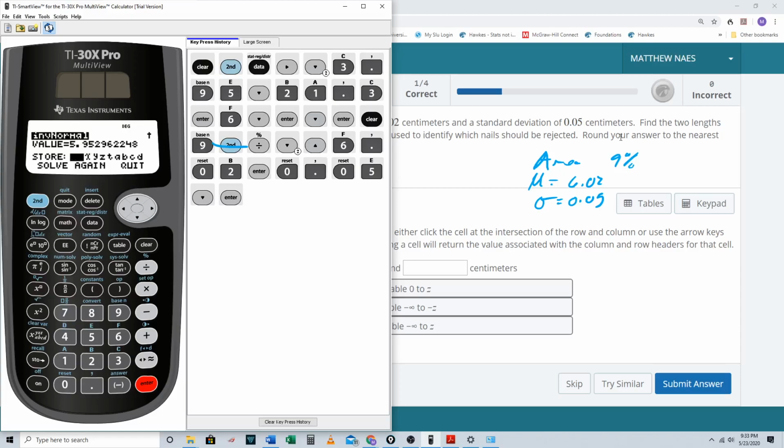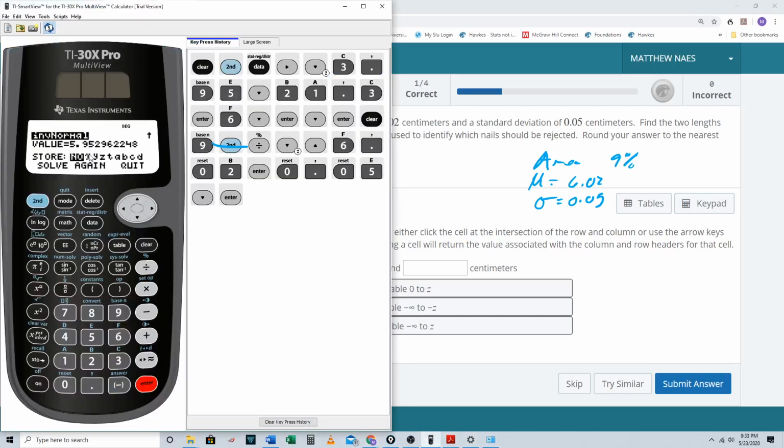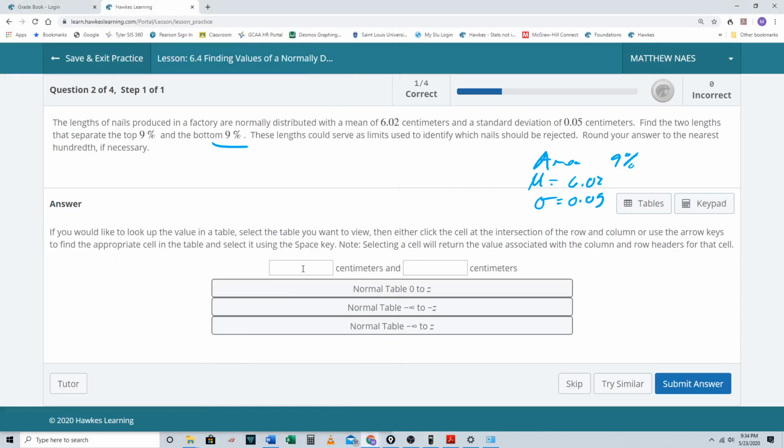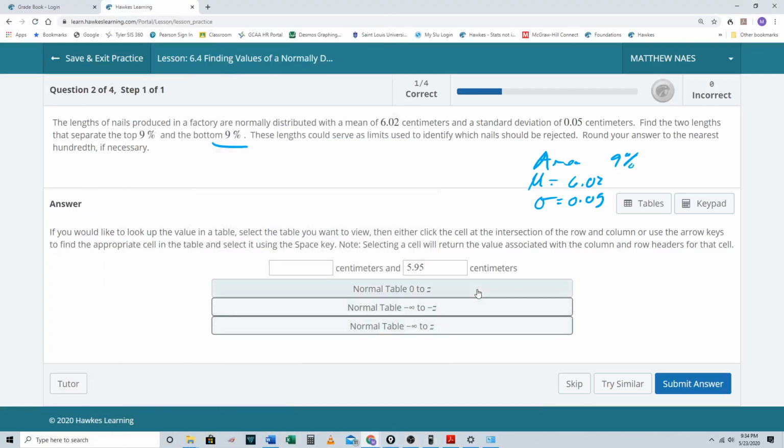Well, they want us to go to the nearest hundredth, so 2 decimal places. So 5.95. By the way, it doesn't matter which order you put these in. You could put that number first, you could put it second. Makes no difference. So we did the bottom percent, so we're good with this one right here.